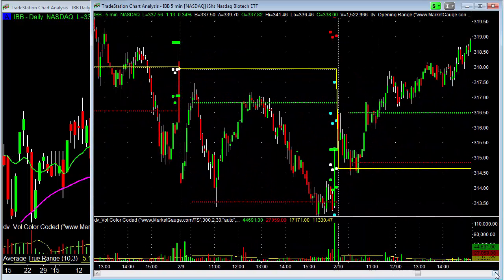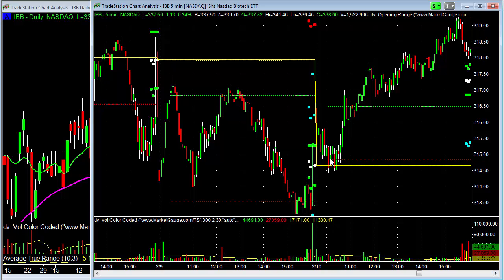As you can see, again, here is the 30-minute opening range low, this red line. And we get a pattern kind of in here, but definitely in here. And so this would have been a really great opening range low to buy with a stop below this low of the day.